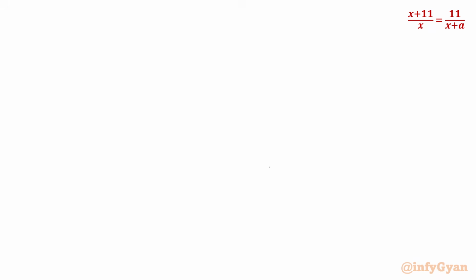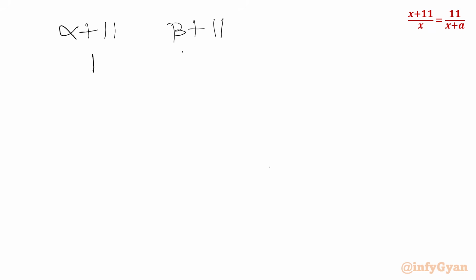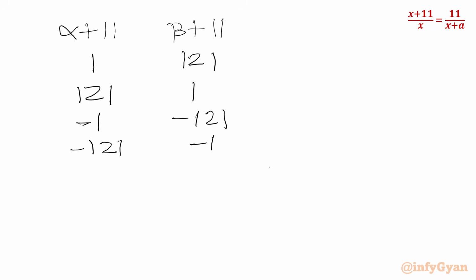So let me write here one chart: alpha plus 11, beta plus 11. Here we'll write 1, 121. Then we have 121, 1. Then minus 1, minus 121. Then minus 121 and minus 1.